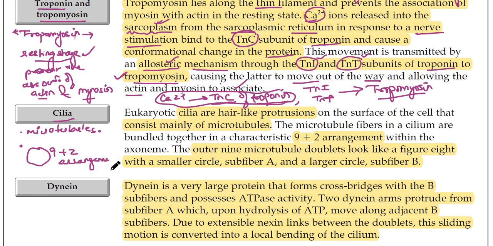I will show you the picture in the next video. This is just an overview of the cytoskeleton chapter. I'm just drawing a rough picture. They are arranged in a 9 plus 2 arrangement within the axoneme. The outer 9 microtubule doublets look like a figure 8 with a smaller circle.